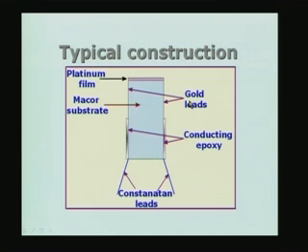A typical construction for the sensor will be a thin film of platinum, which is usually obtained by either painting or by vacuum vapor deposition of the material as a very thin platinum film on the substrate, in this case the Macor substrate. We take two gold leads from the two ends of the platinum film, and then we have a conducting epoxy and the constantan leads are attached to that.